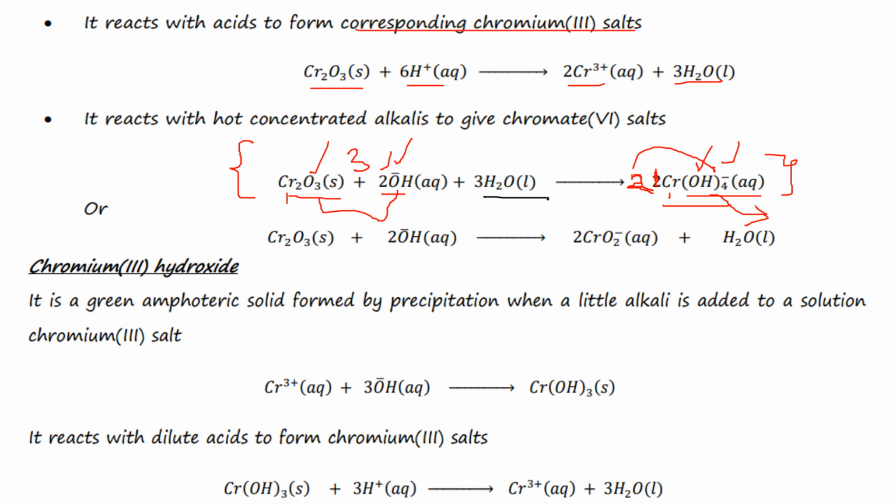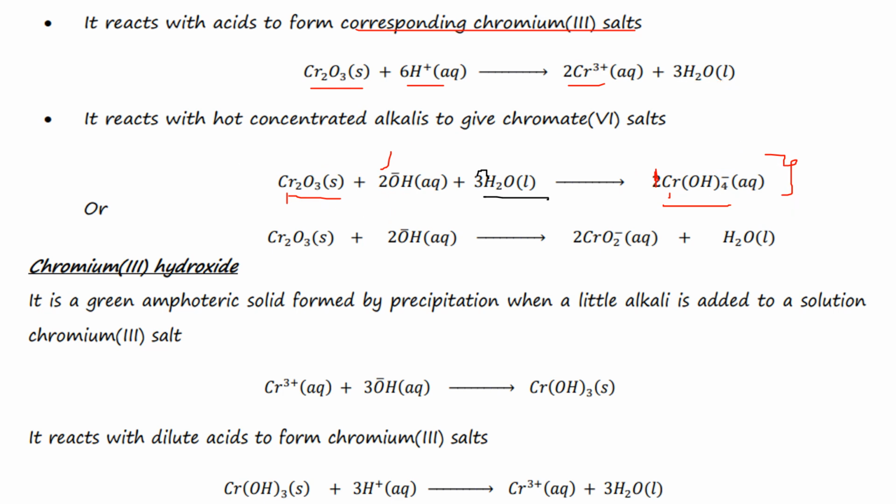Now after ensuring that you have balanced oxygen atoms, you go to balancing the hydrogen atoms. If you look this side, this is going to be 2 plus 6 to give you 8. And if you look at the right hand side, also hydrogen atoms are going to be 8 in number. And that means that your equation is balanced.